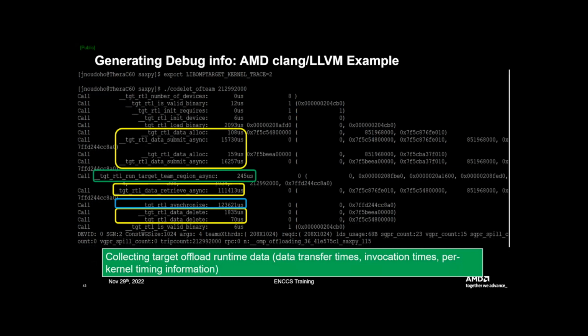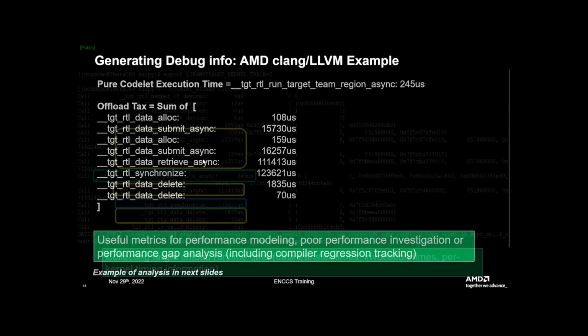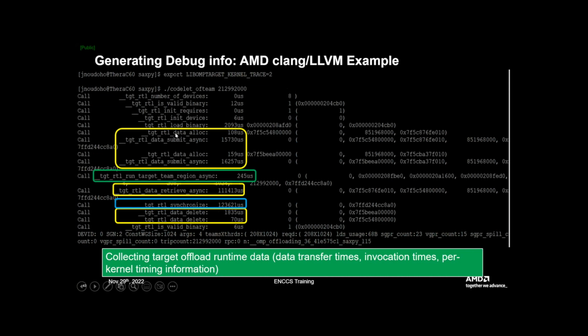So what does this mean for us? Look at the first yellow box. We have data allocation, data submission, data allocation, data submission, and each of them has a cost. So we have two sets of data allocation and data submission. Why is it like that?